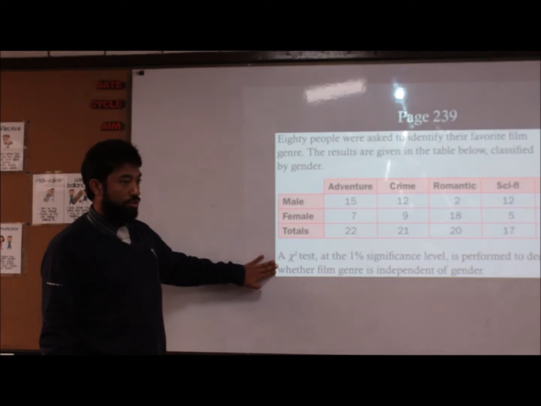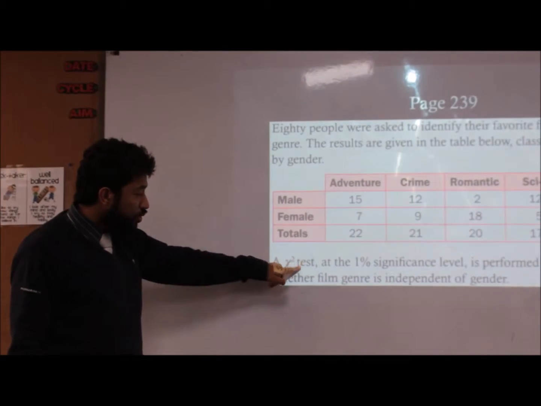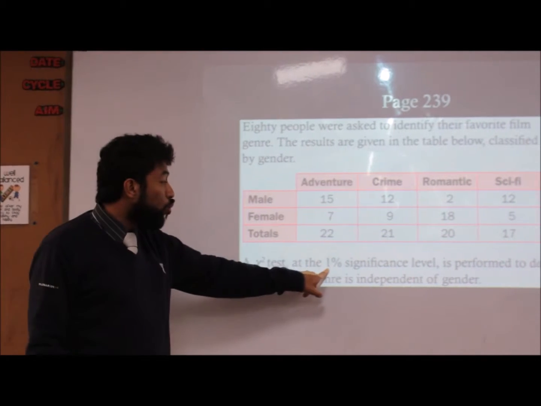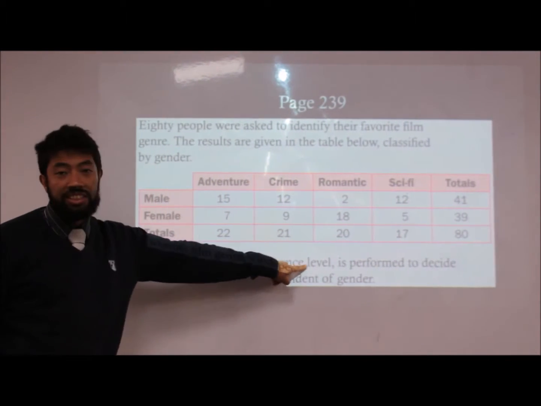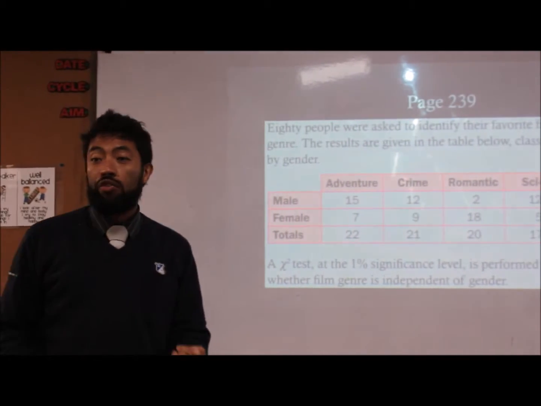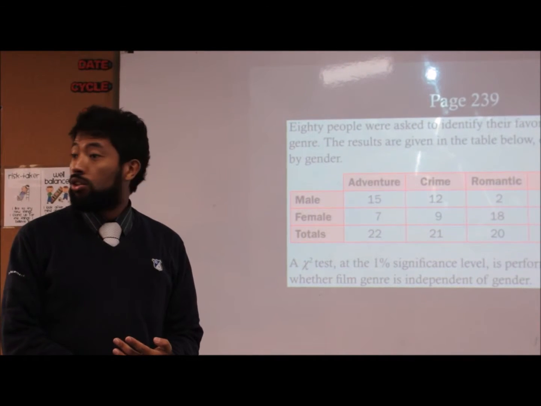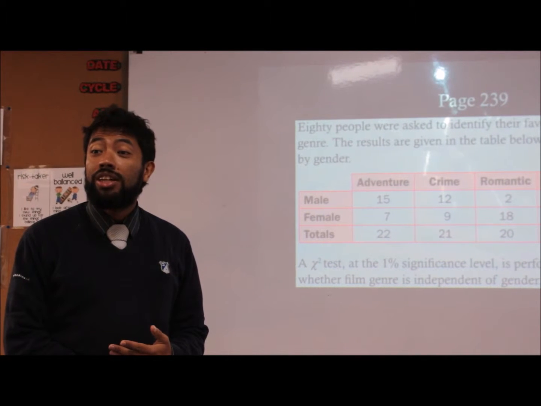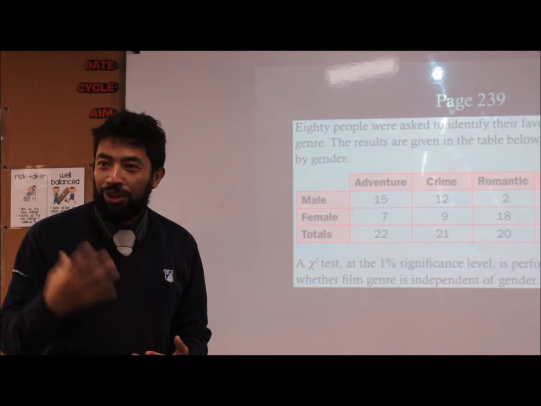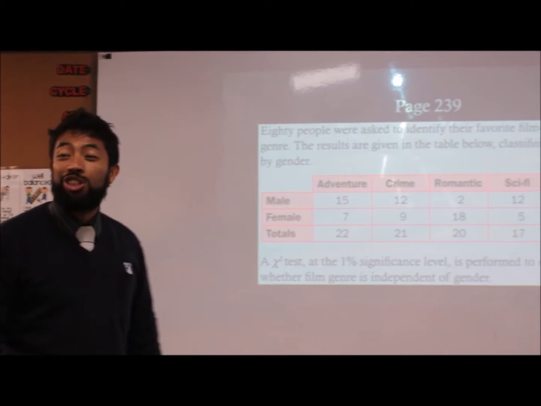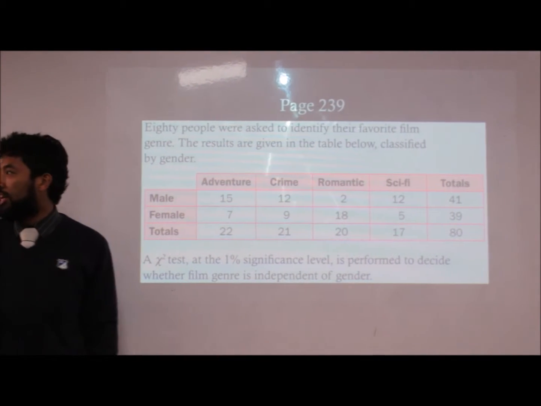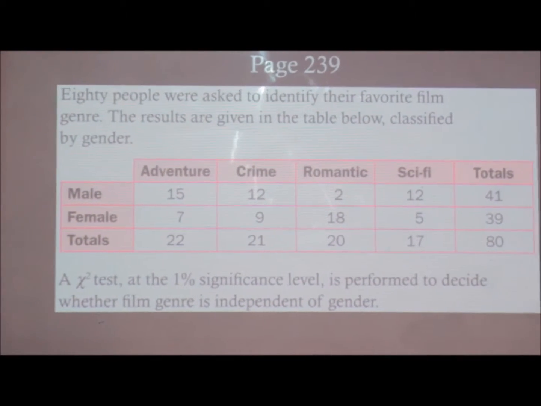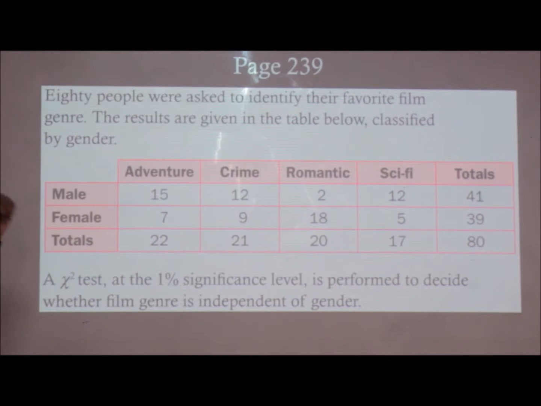Now, what it says: a chi-square test at 1% significance level. So it means a confidence of? What's the confidence? Tell me. But don't be ashamed. 99%. 1% of significance level means 99% of confidence.